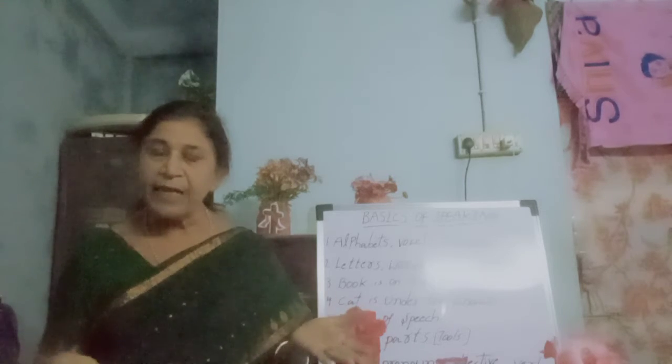Then adjective of kind, adjective of quantity and adjective of number, and adjectives are used in degrees of comparison. So you make 4 examples for each. One I have already given. So if you give 4 examples and underline what is noun and what is adjective, it will be clear to you.